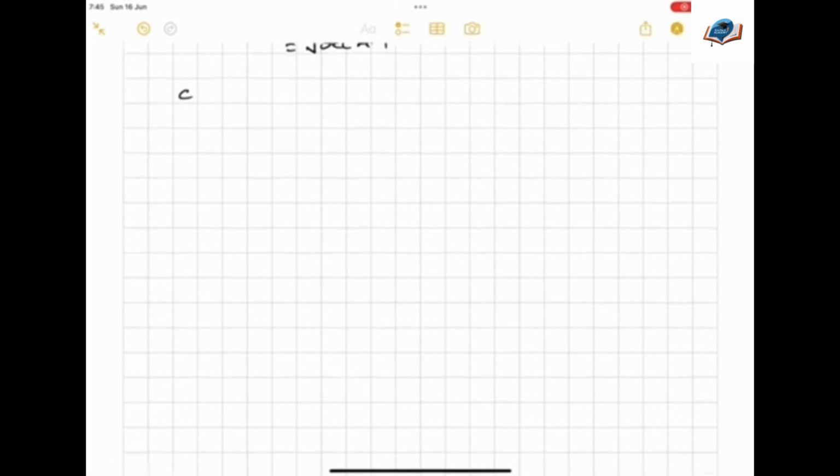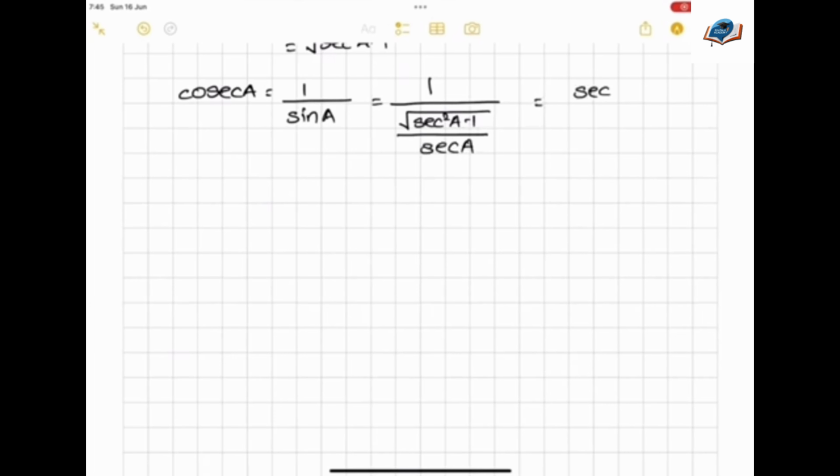Now cosec A equal to 1 upon sin A. So sin A already we have found, so that value I can directly keep: 1 upon root of sec square A minus 1 whole upon sec A. So that will be equal to sec A upon root of sec square A minus 1.